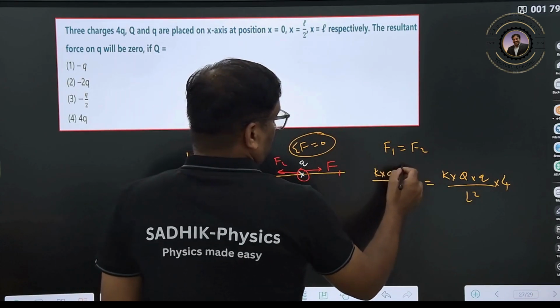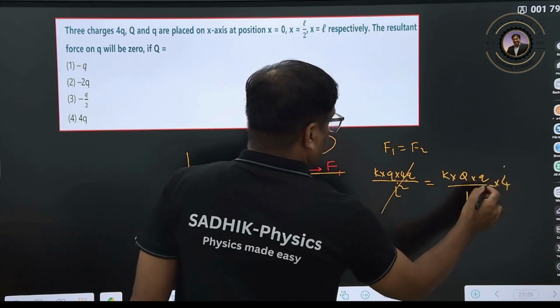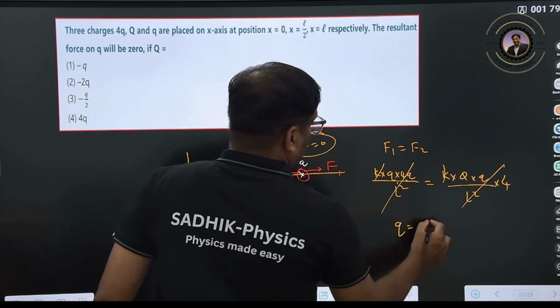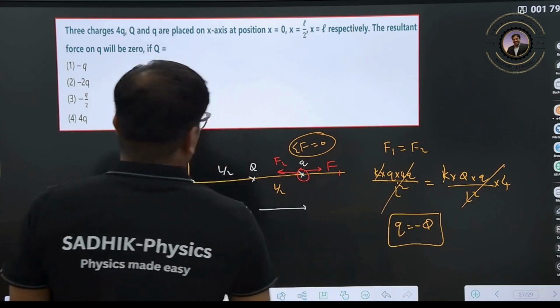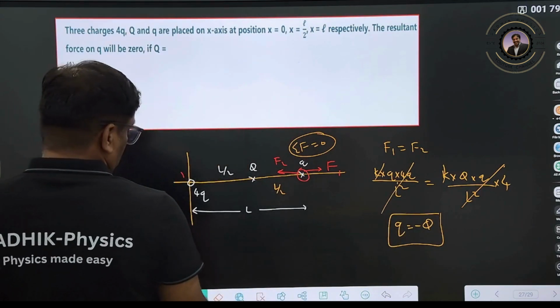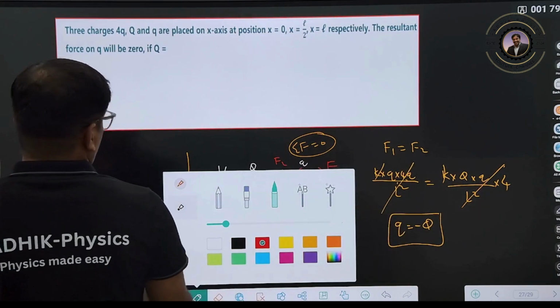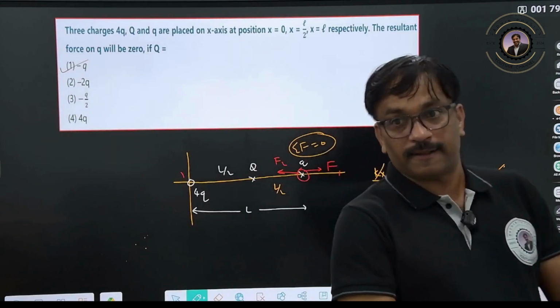Therefore this all will become the same, so capital Q should be equal to minus Q. Therefore this first option will be your correct answer. Clear?